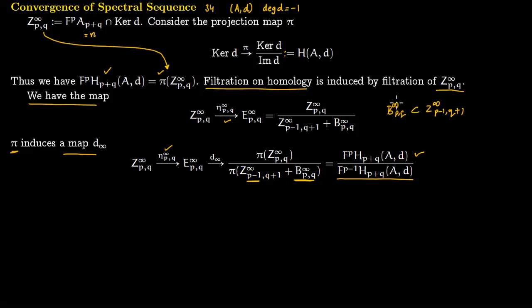Now it is easy to see why this B infinity PQ lies inside here. B infinity PQ is something which intersects with the image of D, but the image always lies within the kernel of D, and you have the kernel of D right here. So you get this.